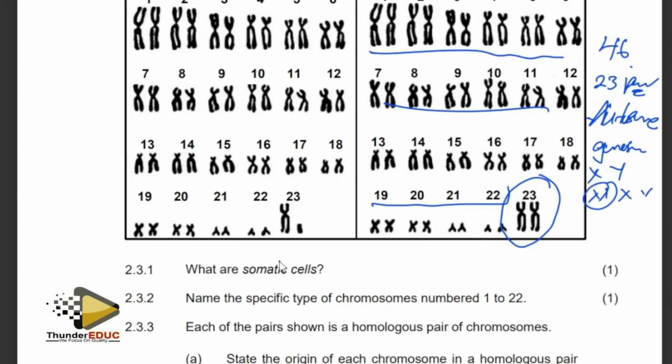Obviously, you know that if it is a male, the sperm from the father is going to be Y. And if it is a female, the sperm is going to be X. You understand?